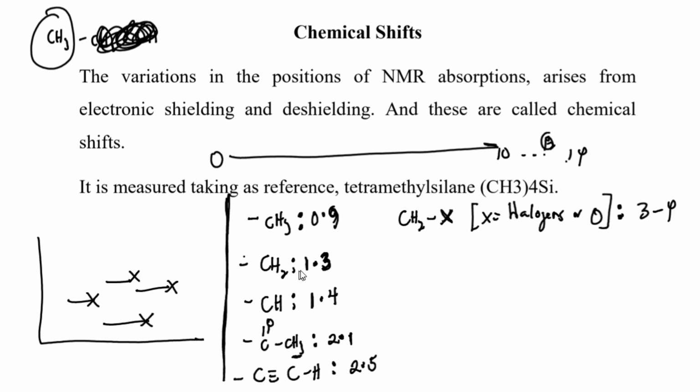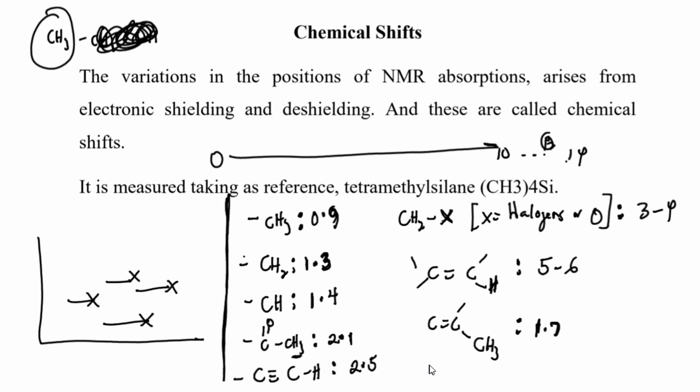Another one is this, when you have this alkene, the hydrogen in alkene is around 5 to 6, right? Another one is this. We have alkane, but you are now having CH3, hydrogen joined to carbon before joining to this. So this would be around 1.7. Please take note of that.